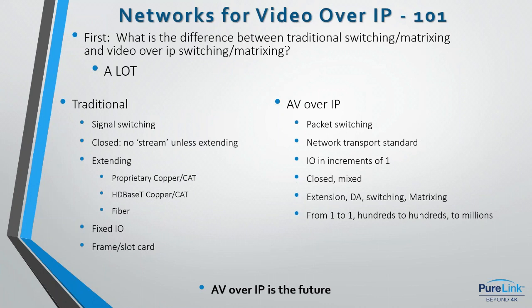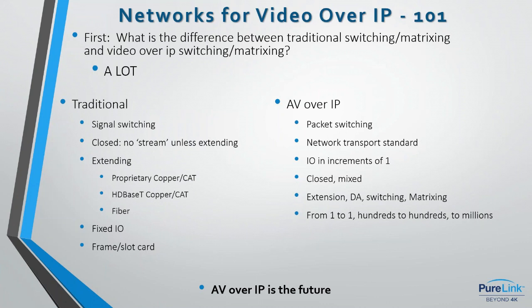All right, another difference. Traditional is basically a closed system. Even if you're converting it, SDI to HDMI and so on, you're not streaming anything. You're not sending it out over the internet to Bangkok or Morocco. None of that's happening. You may be extending over HDBaseT or fiber, but otherwise you're not actually streaming, so to speak.